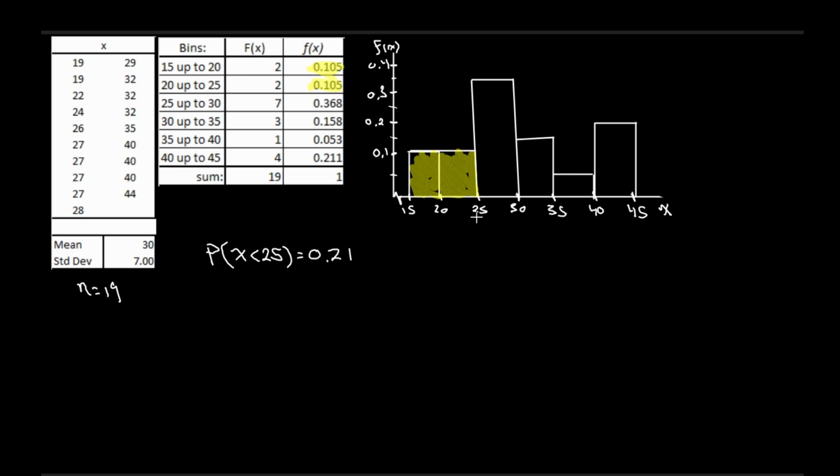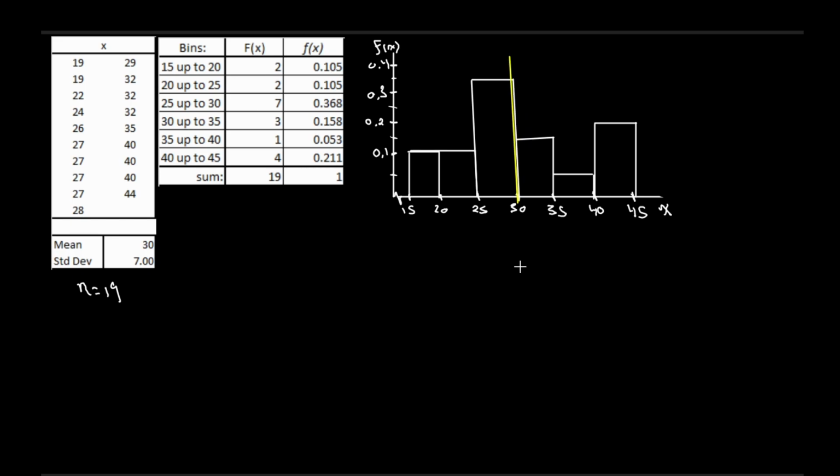Okay, great, that's good to know. But what if we don't actually have this kind of information? What if we don't have this detailed breakdown? What if instead I know that my mean is 30, and I know that my standard deviation is 7, so let's just visualize this. My mean is right here at 30.